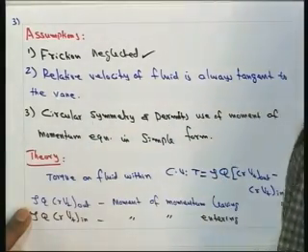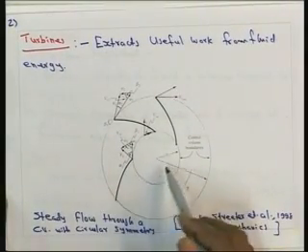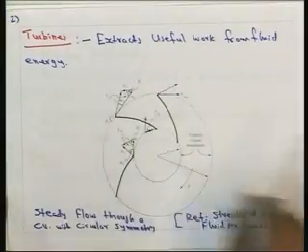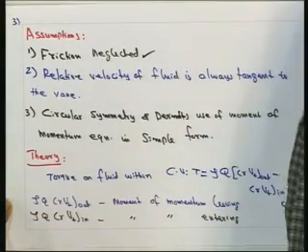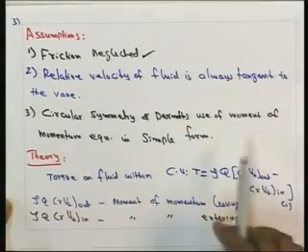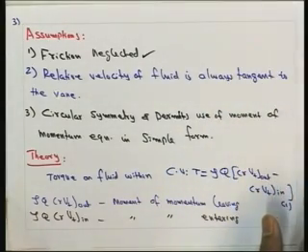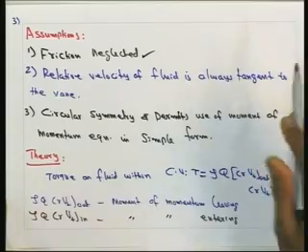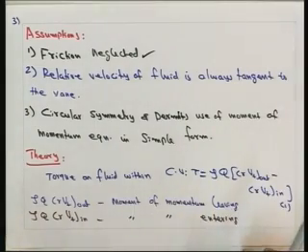You can see the various vanes attached to or mounted on this axle, so the relative velocity of fluid is always tangent to the vane. The third assumption is that circular symmetry is there, and it permits the use of the moment of momentum equation in the simple form, just as the steady state form which we have seen. These are the essential assumptions used in the derivation or application of this moment of momentum principle.